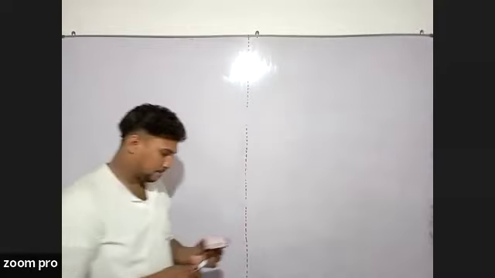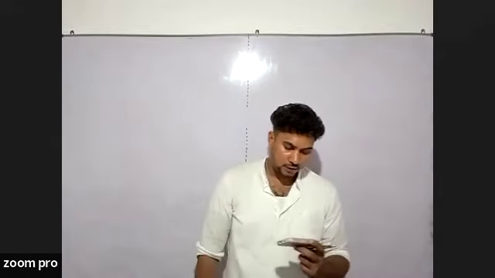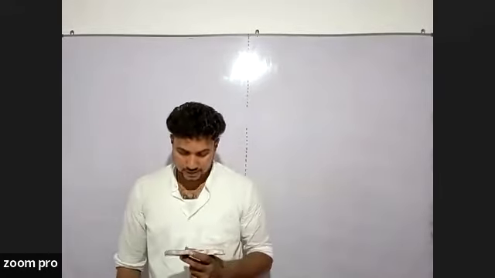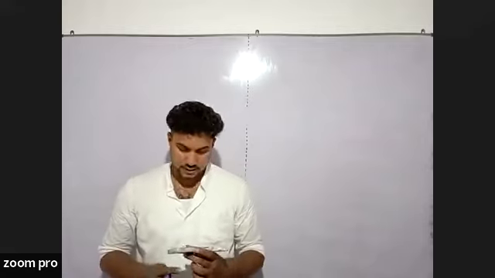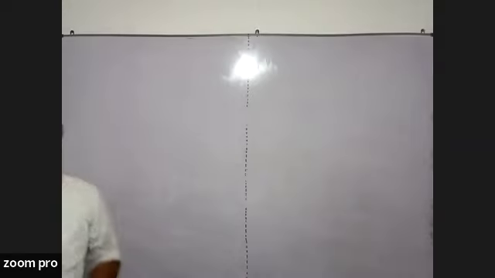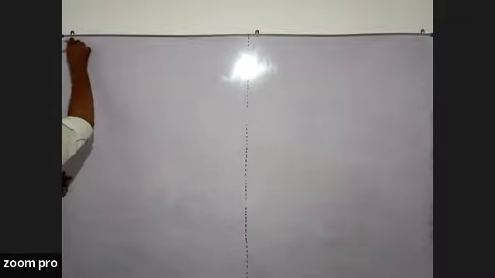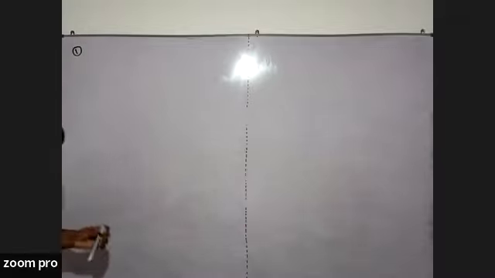In the first question, the velocity-time graph of a player A who is running the 100-meter event is shown below, right? And there's a small mistake in this diagram.